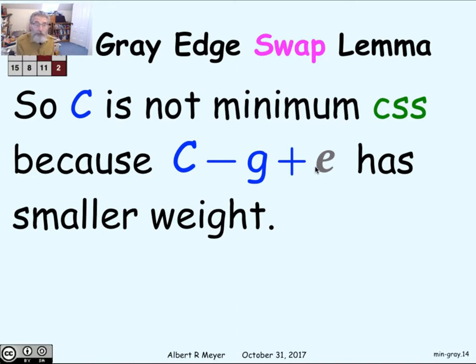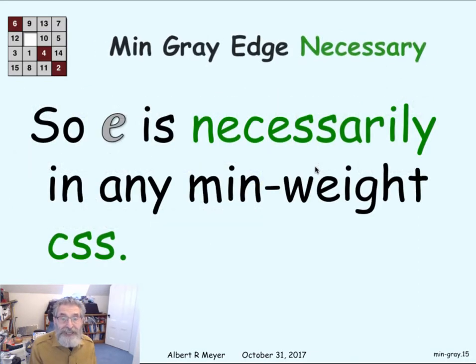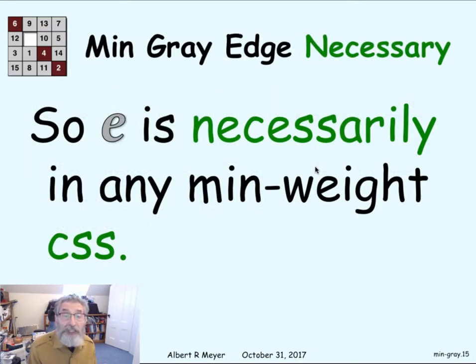So I've just shown you that if I have a connected spanning subgraph that doesn't have this minimum weight gray edge, then there's another smaller one. So the original that I started with can't be minimum. And that says that E is necessarily a member of any minimum weight connected spanning subgraph.